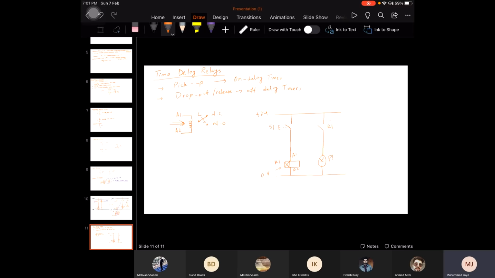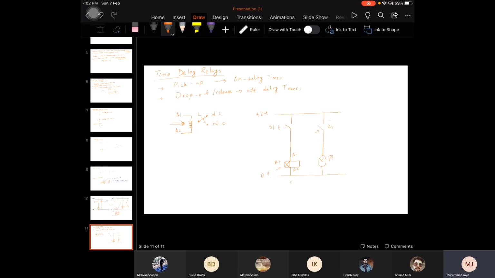So what happens in the circuit once I press S1, the coil will be activated, K1 will be activated, but this switch over here will not turn on. Let's say I set the timer for 5 seconds.